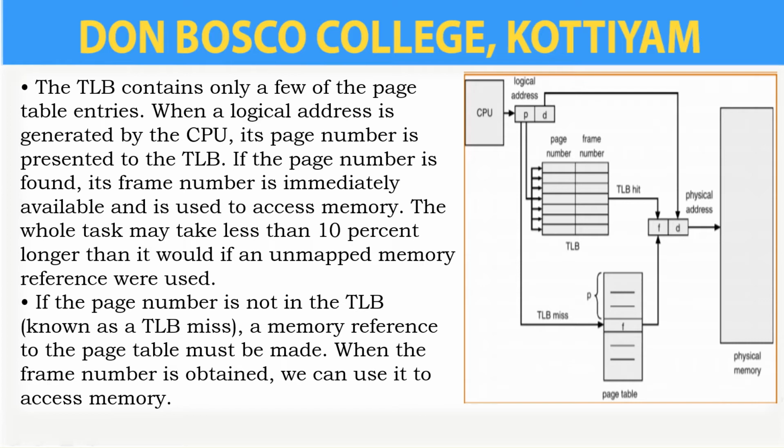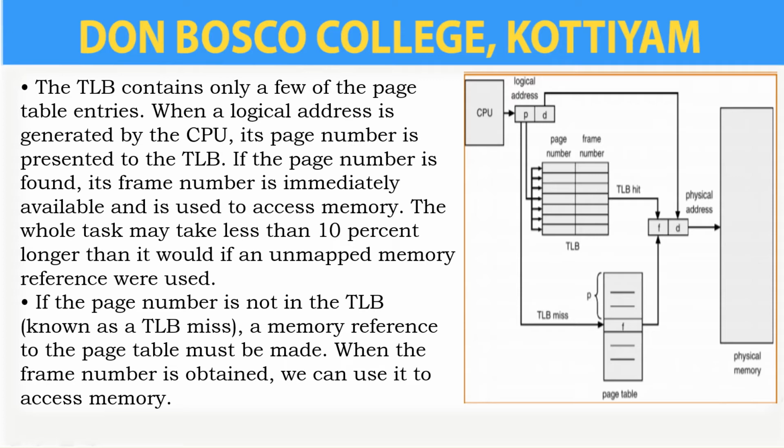So the TLB also has the information, that is, the page number and the frame number. It holds the frequently accessed information from the page table. When the logical address is generated, that page number will be compared with all the page numbers in the TLB.